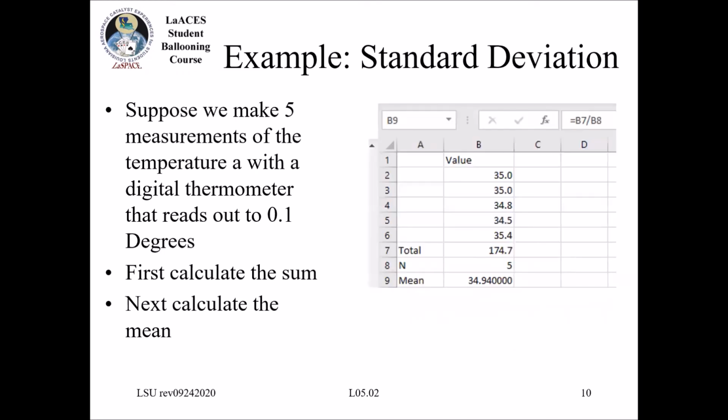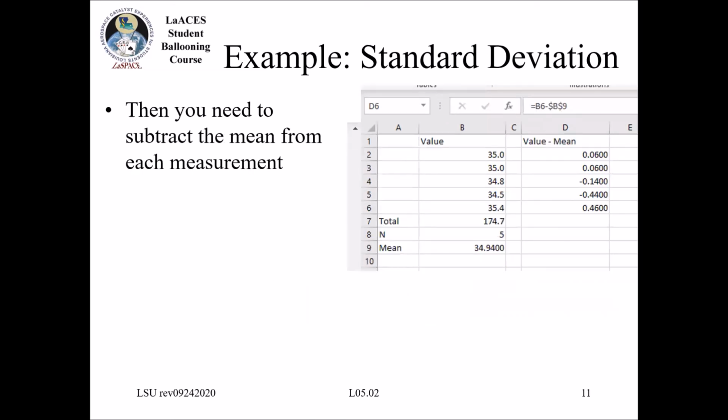Next thing is you divide by the number you had to calculate the mean, right? And then fairly obviously, this is just stepping through what the equation for the standard deviation is. I'm going to take the difference between each one of my values and what the mean is.